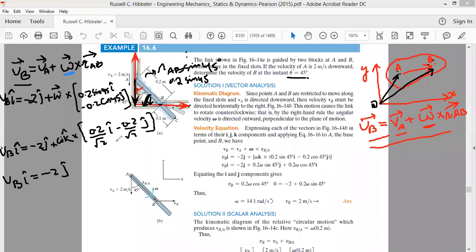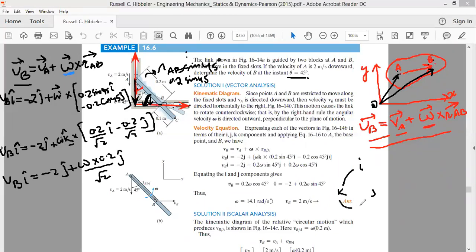This is k cross i. Again, we put the vectors: we have i cap, j cap, k cap. As far as k cross i is concerned, that is equal to j. So it will be plus omega, angular velocity magnitude, multiplied by 0.2 divided by under root 2, and k cross i is equal to j cap. We write this as j cap. Then the second component will be k cross j.